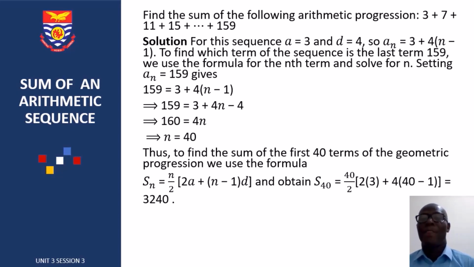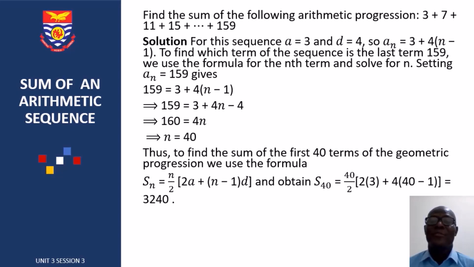And to find the number of terms in this sequence, we use the nth term formula, which is A subscript n equals A plus (n minus 1)D. But from the given sequence, we know our first term is A, which is 3, and the common difference is D, which is 4. Now, we know the nth term to be 159.